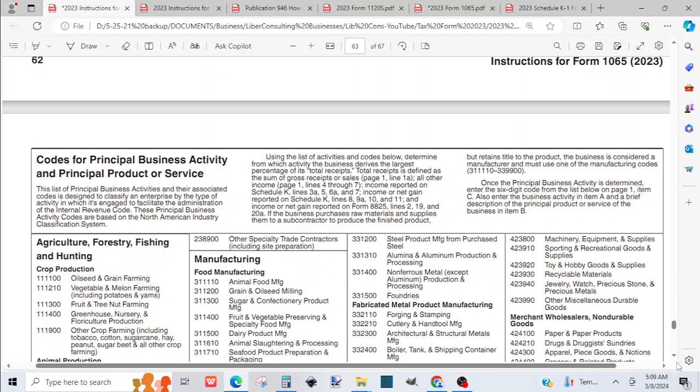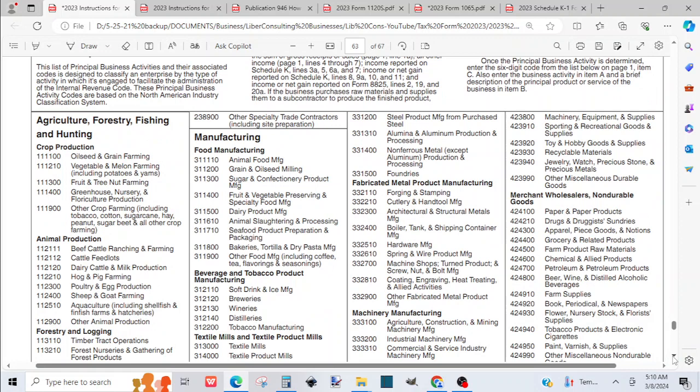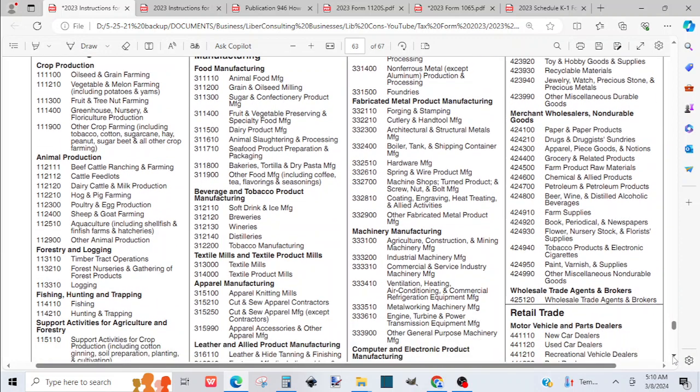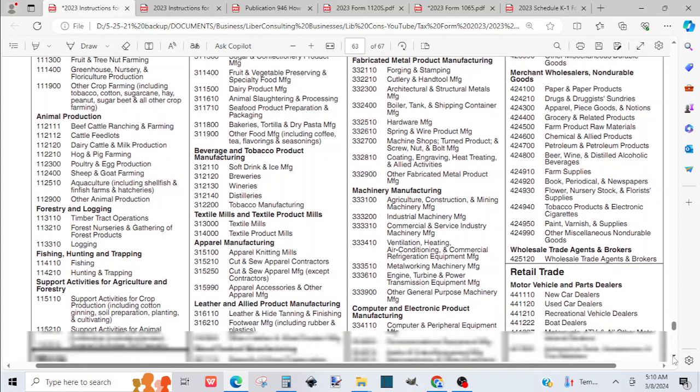So you can just read it and see what best fits your business model, especially if it's your first year starting. You want to think it through and pick a number that is broad enough to encompass any other activity that you might want to branch out to. That'll just be my personal advice.